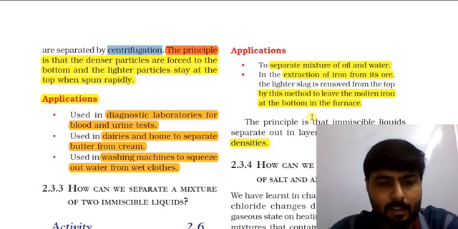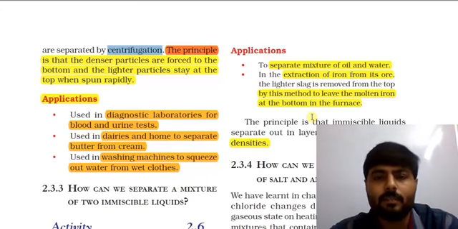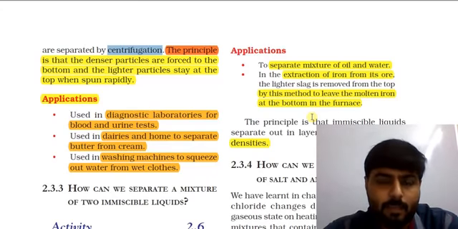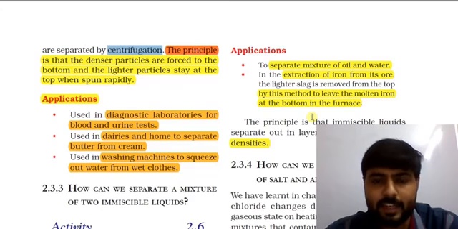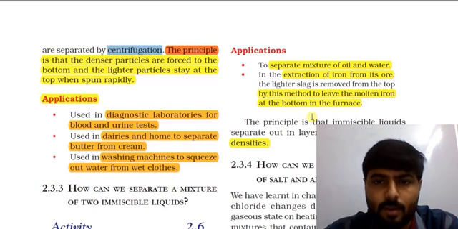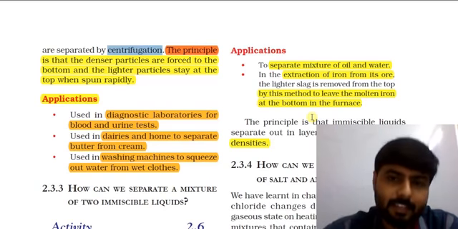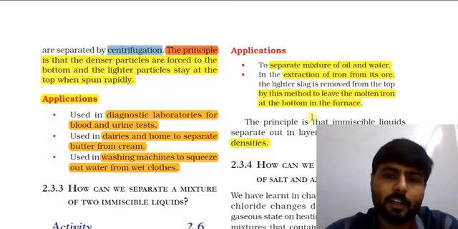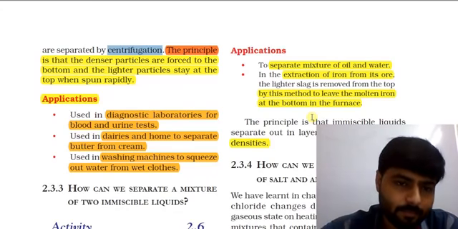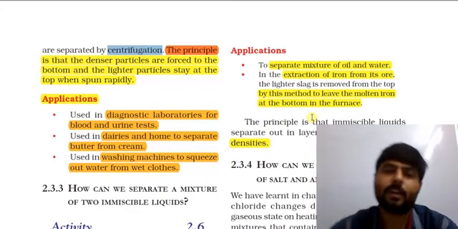So the principle we have to remember is that denser particles... we are familiar with the word density, specifically mass density. Density is mass per unit volume. The SI unit is kg per meter cube.